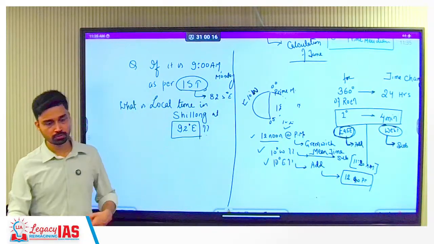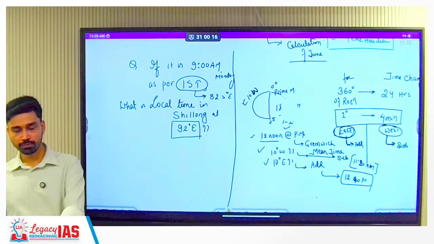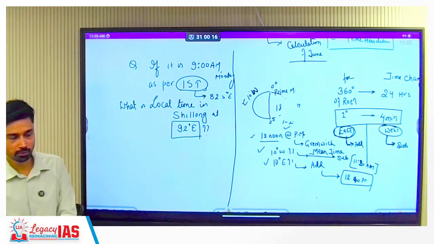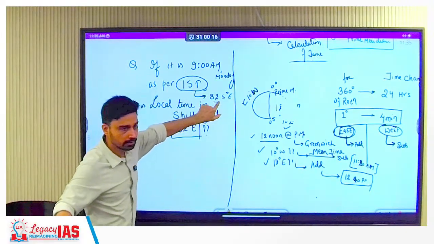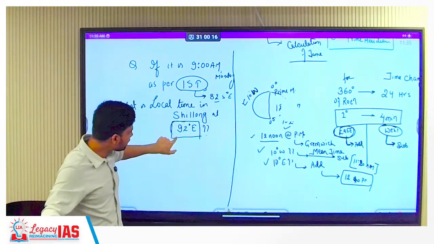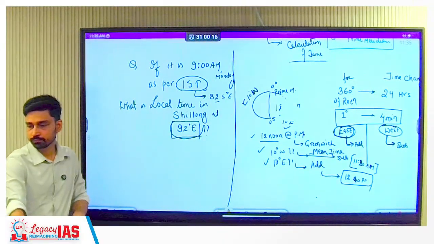Right. So now you should be able to calculate. The IST is calculated on the basis of 82.5 degrees east longitude. So basically this question becomes: the time is given at this longitude and you are expected to calculate the time at this particular longitude. Okay, so should be easy.